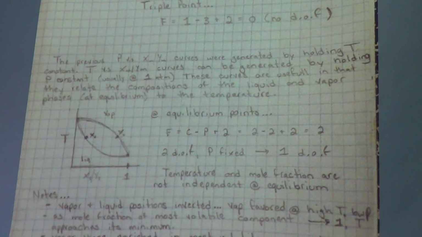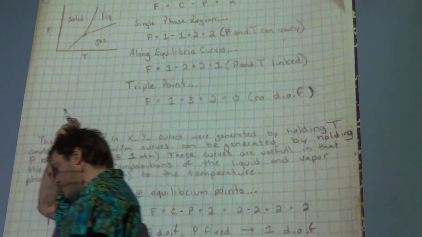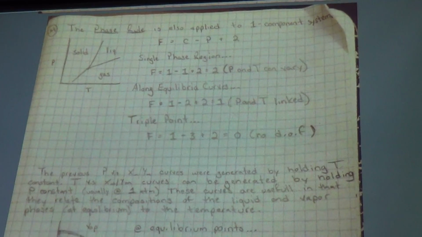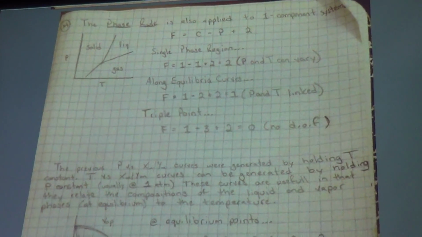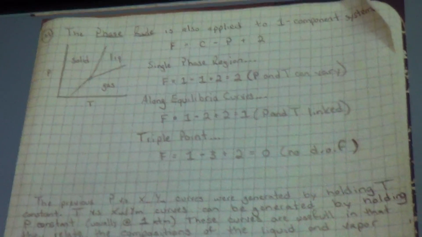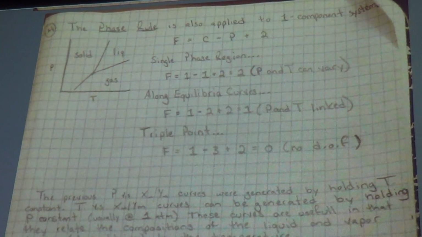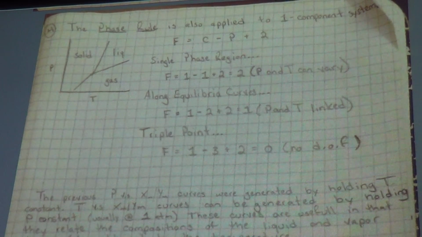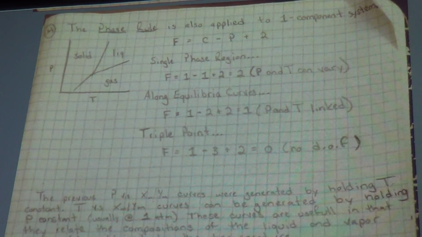That phase rule can be applied, I didn't mention this when I discussed single component systems, but it also applies to single component equilibria. If you look at our degrees of freedom in that single component phase diagram, if we're in a single phase region, so solid, liquid, or gas, we've got one component, one phase, which gives us 2 degrees of freedom.